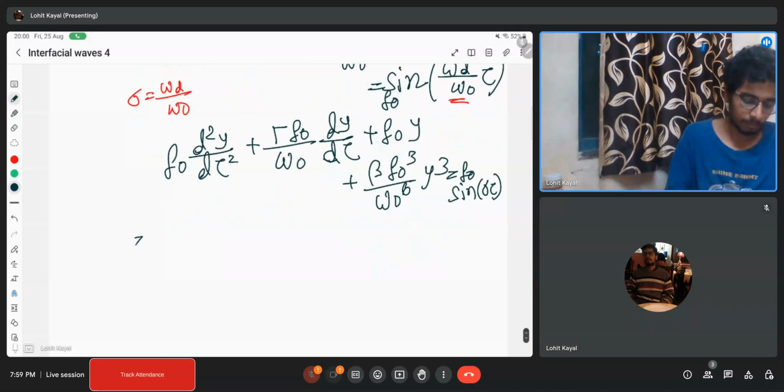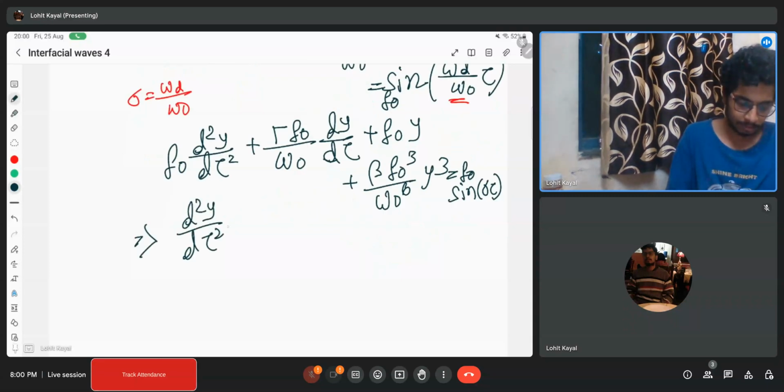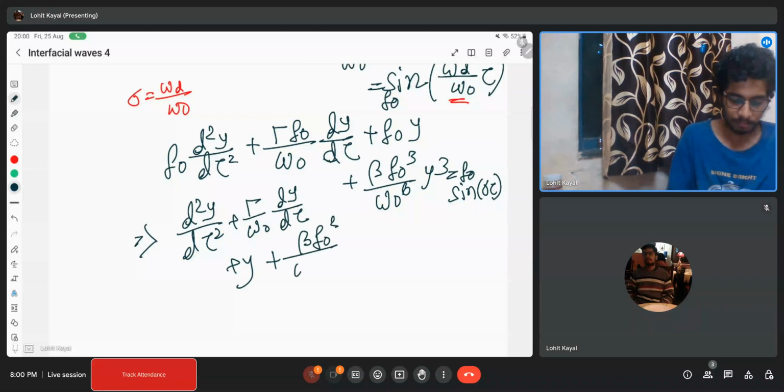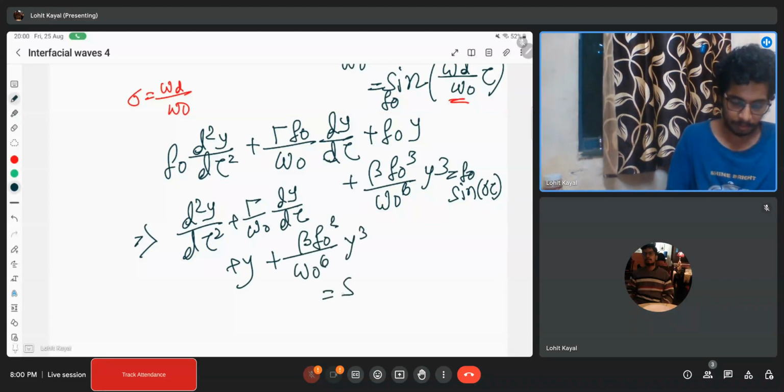Now you can divide both sides by f naught, so it will be d2y d tau square plus gamma by omega naught dy d tau plus y plus beta f naught square by omega naught to the power 6 y cube equal to sine sigma tau.